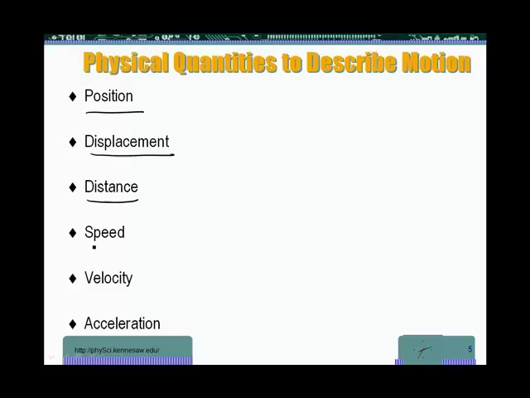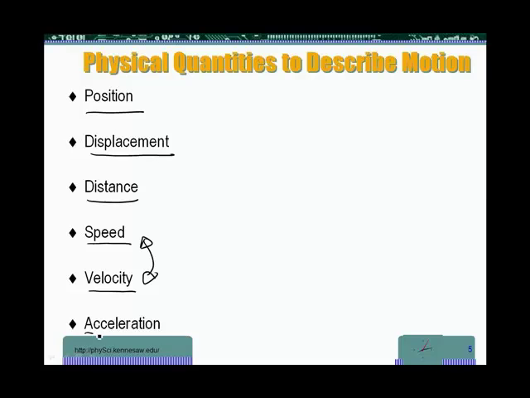Another common quantity that we use is what we call speed. That's a quantity that describes how something is moving. But then there is a velocity. We are going to need to figure out what's the difference between velocity and speed, and which one should we use to give a better explanation of the motion or a better description of the motion.